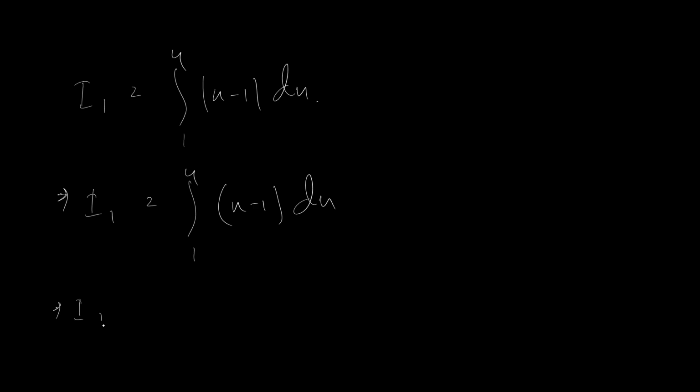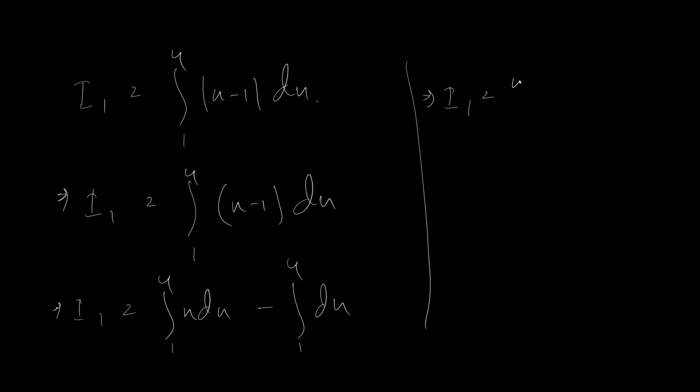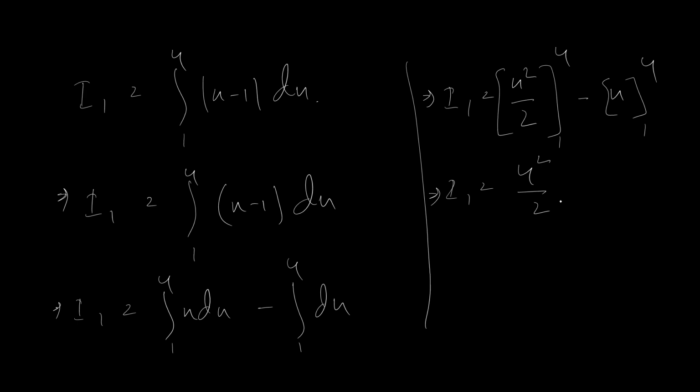So the integration will be I1 equals the integral from 1 to 4 of x dx minus the integral from 1 to 4 of dx. I1 is equal to x square by 2, with limits 1 to 4, minus x, with limits 1 to 4. So I1 equals 4 square by 2 minus 1 square by 2, minus (4 minus 1).